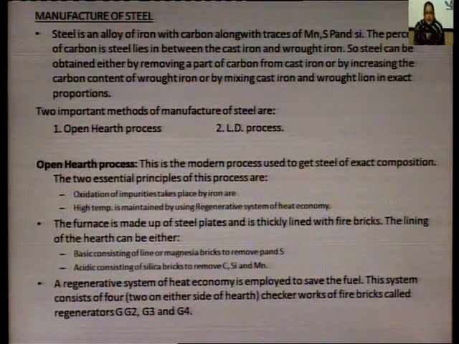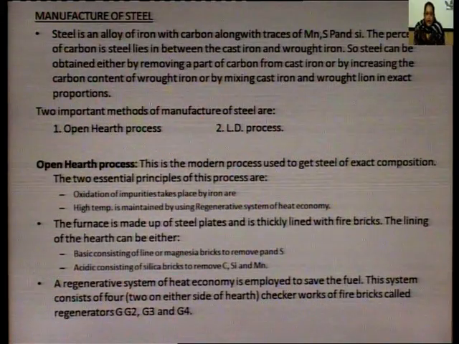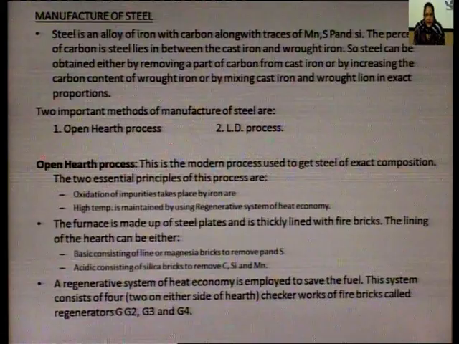And the percentage of carbon in steel lies in between the cast iron and wrought iron. So, in the cast iron, the percentage of carbon is very high, and in the case of wrought iron, the percentage of carbon is very less, approximately 0.5%.